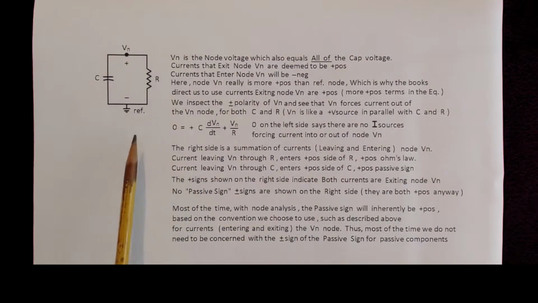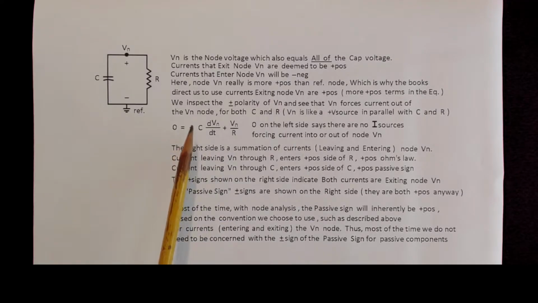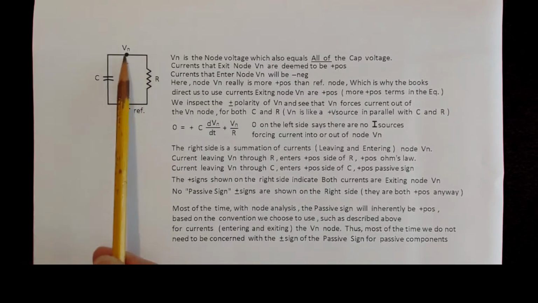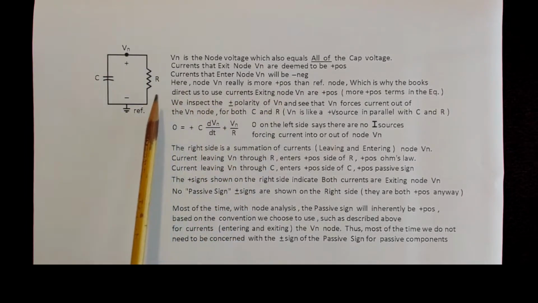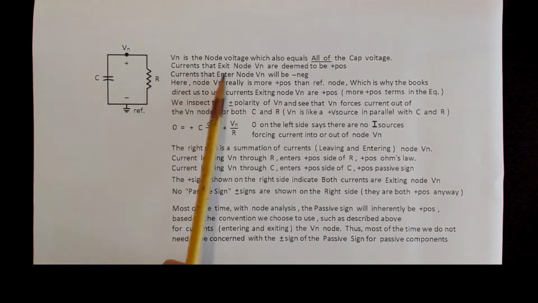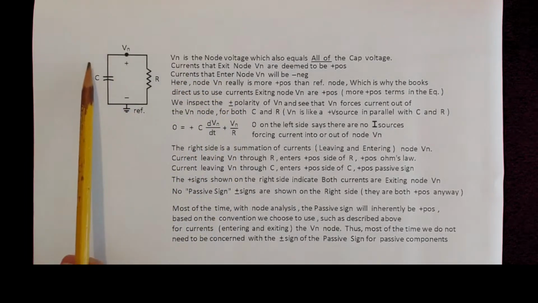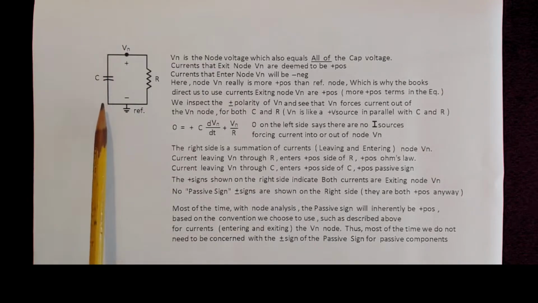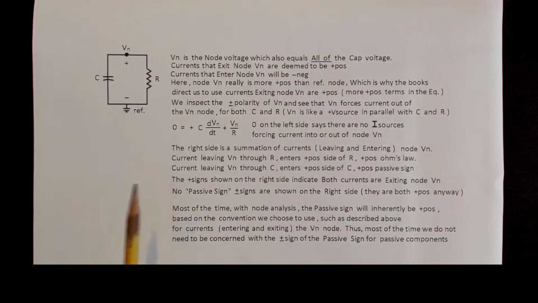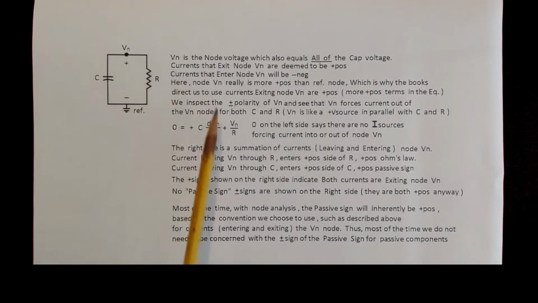This is going to be the node analysis as suggested by the book, and they insist to use a current that exits the node as positive, and of course any currents that might enter the node will be negative. They're focusing on currents that exit the node because we charge the cap to a positive voltage, as we see here, which means Vn is more positive than the reference. So it's only natural our equation is going to be written with a lot of plus signs in both cases.